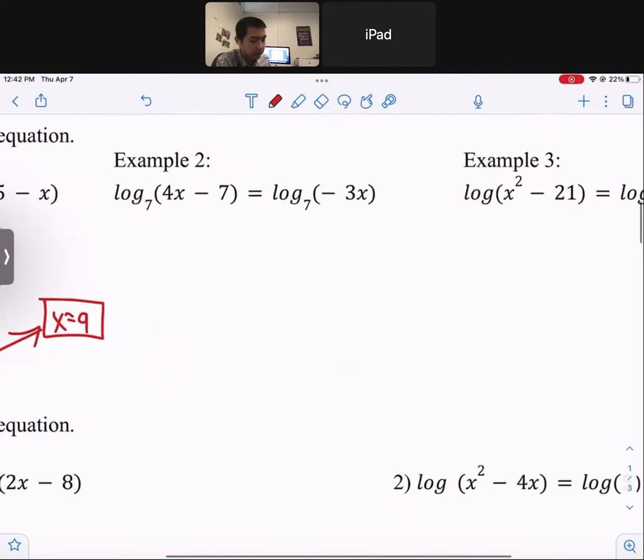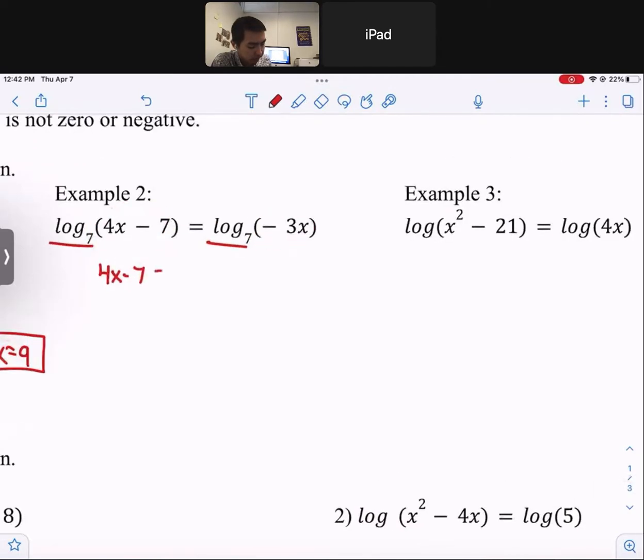Now for example 2, again we have a log equals another log, so you set both arguments equal to each other, and we get 4x minus 7 equals negative 3x. I'm going to get my variables to the right-hand side this time, and then divide both sides by negative 7. So x equals 1.